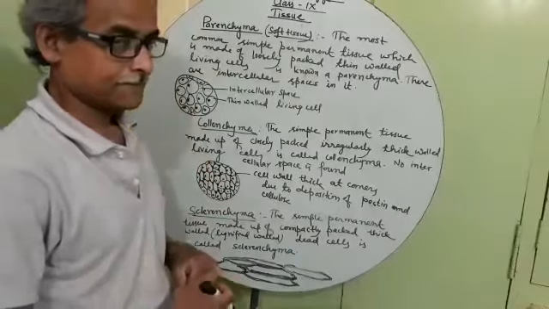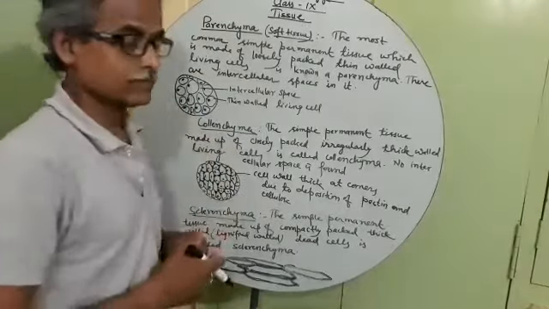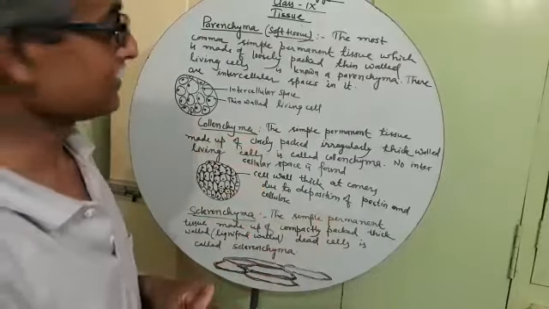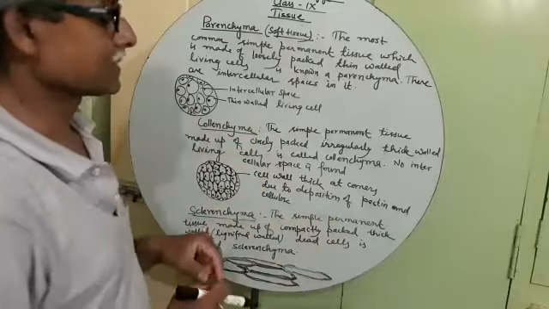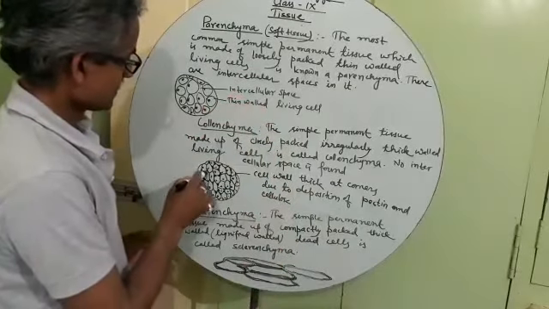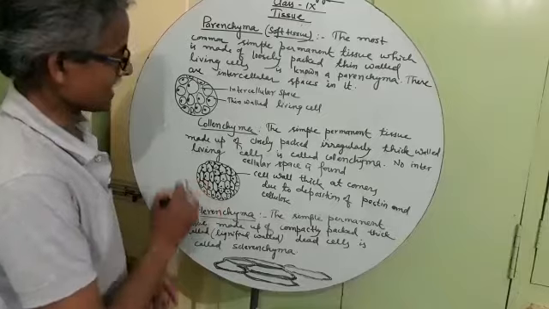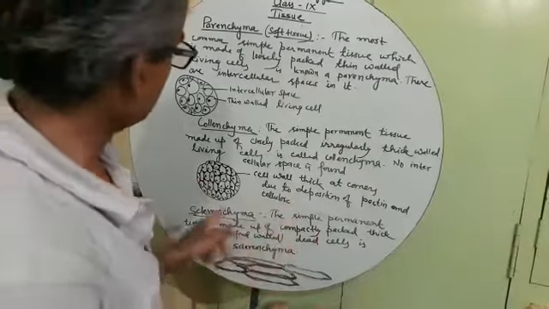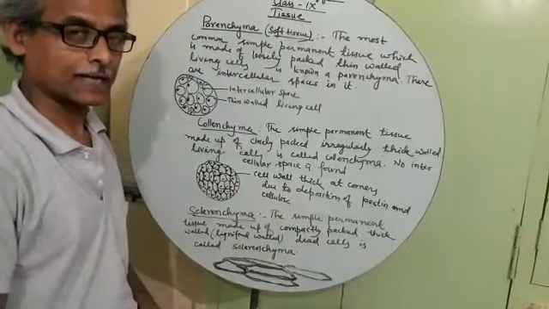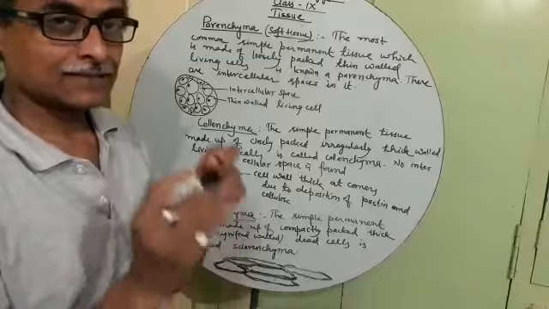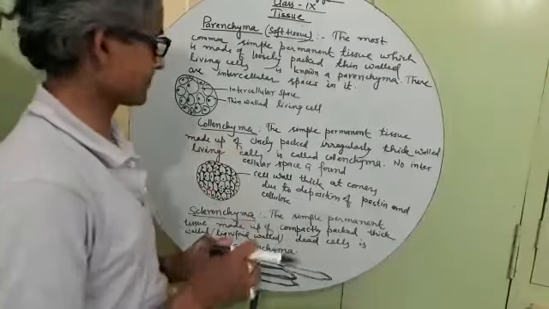On the other hand, collenchyma is also made up of living cells, but its cells are closely packed. There is no intercellular space here, and the cell wall is thick at corners.